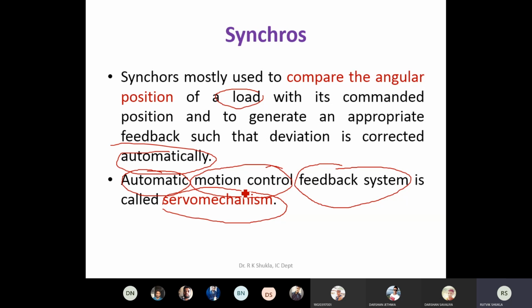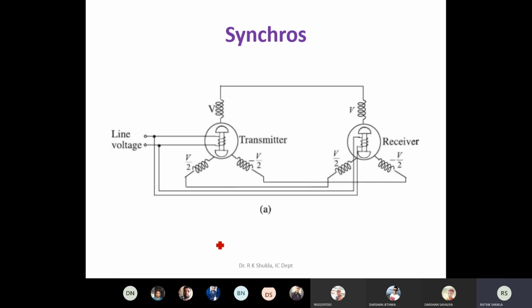These are the 3 most important properties of any servo mechanism. So here 2 synchros are used in conjunction, and this is how the synchro transmitter receiver pair looks. Clear? Here you can see this is called the transmitter and this is called the receiver.